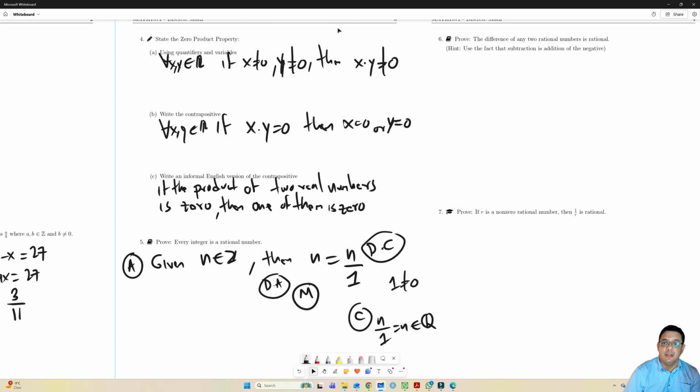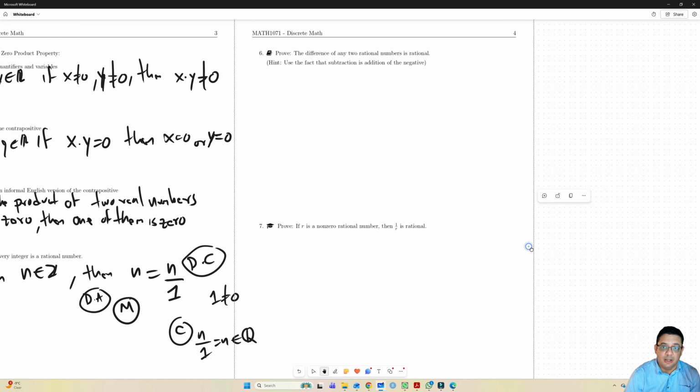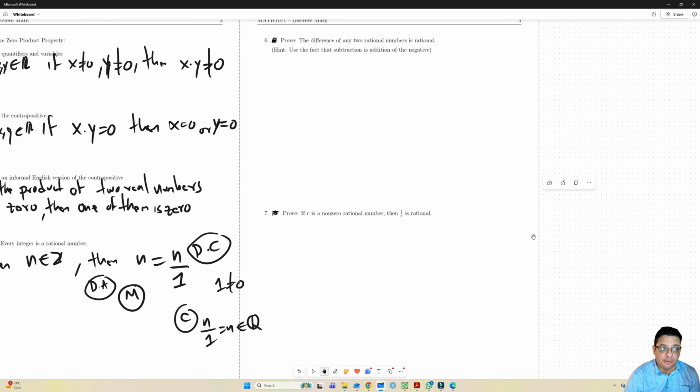Okay. Now for question 6, we have: prove the difference of any two rational numbers is a rational number. And it says use the fact that subtraction is addition of the negative. So first, let's go with the assumptions.